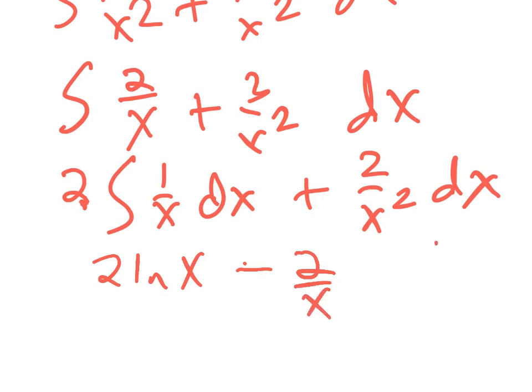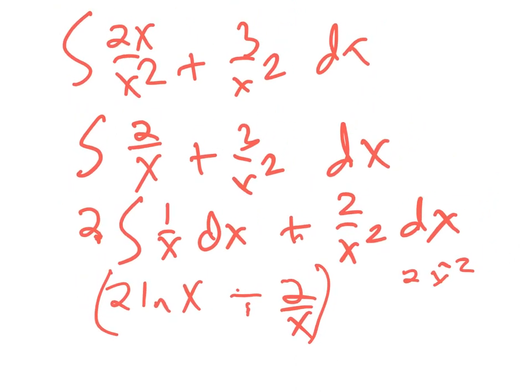Because it was x to the negative 2, that becomes a negative 1. Divide by negative 1, that becomes a minus. All of this is evaluated from, what were my limits?